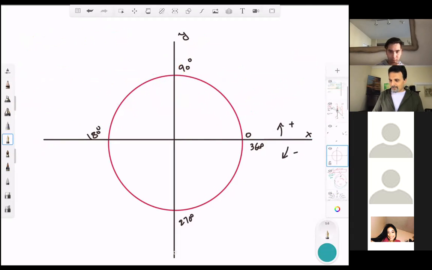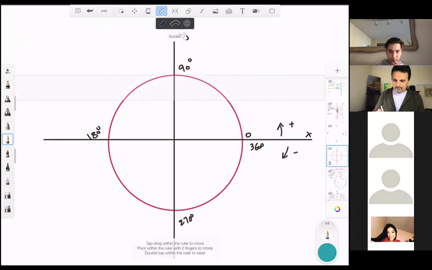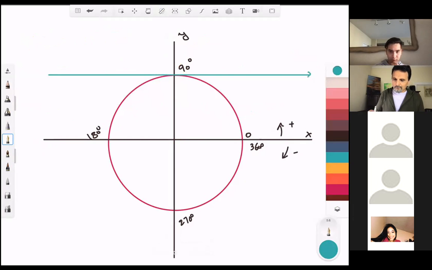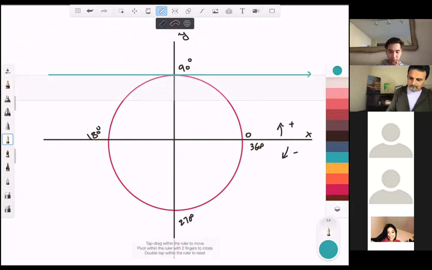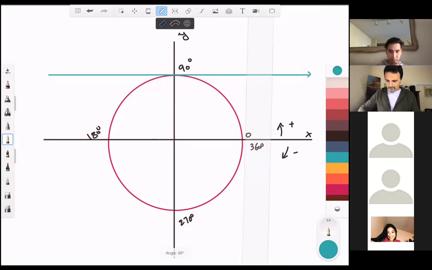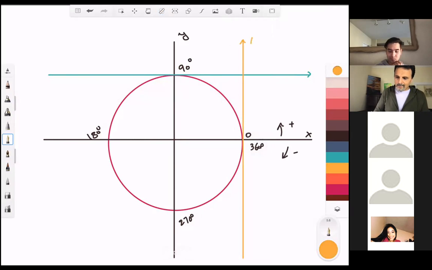So I'm going to go back to this layer. This is your favorite, cotangent. This is tangent.